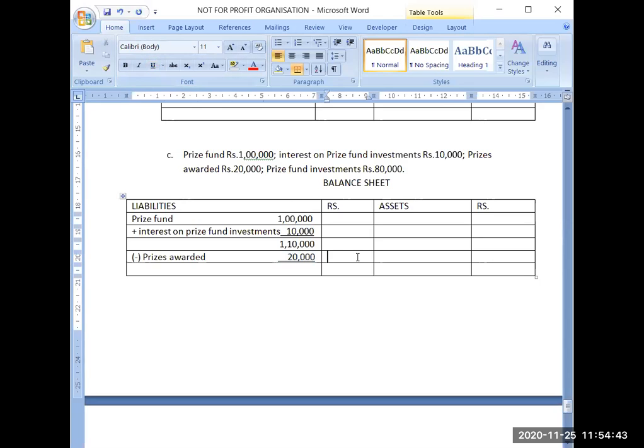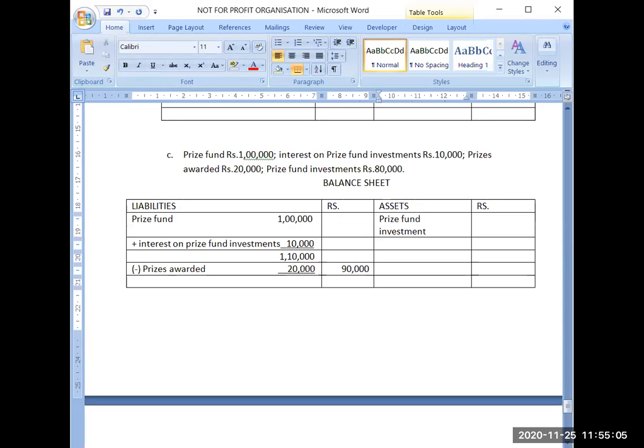The balance in this fund now will be 90,000. This fund amount has been invested somewhere, so that investment will be our asset. Prize fund investments, rupees 80,000.